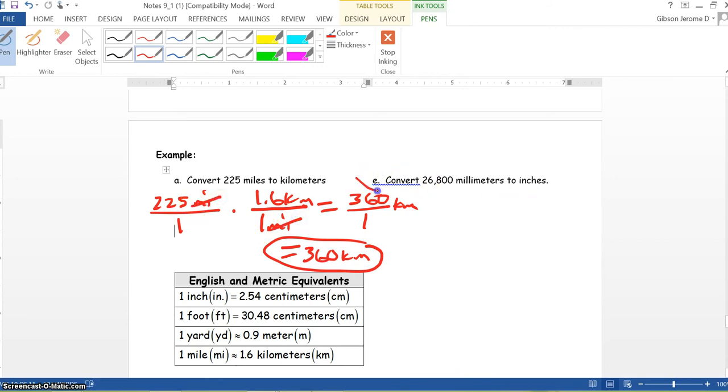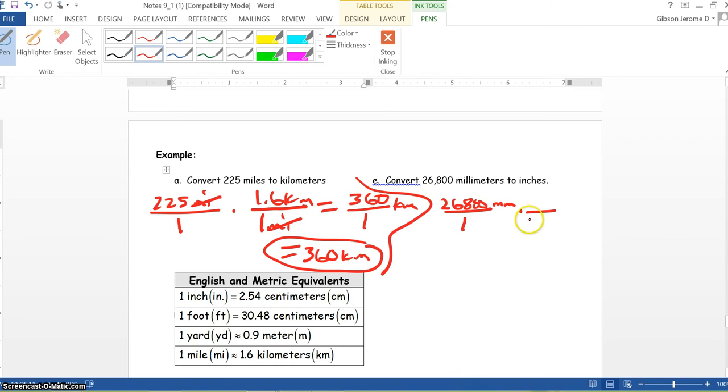Now we come here to E. Now E states convert 26,800 millimeters to inches. So we will add 26,800 over 1 millimeters. Now we want to change millimeters to inches. Now we come here, 1 inch is 2.54 centimeters. So what we would do is we would change millimeters to centimeters and then centimeters to inches.